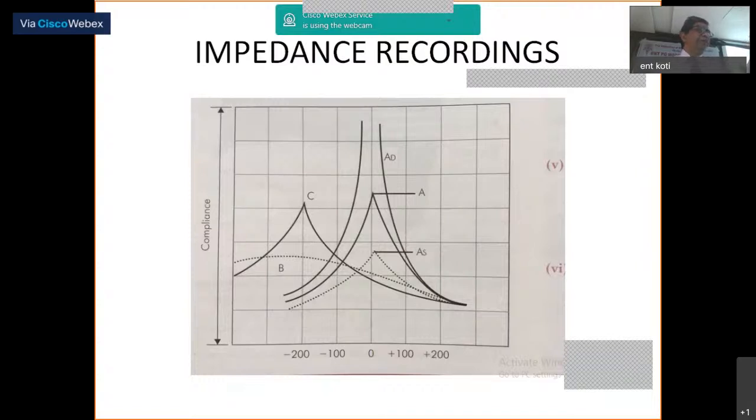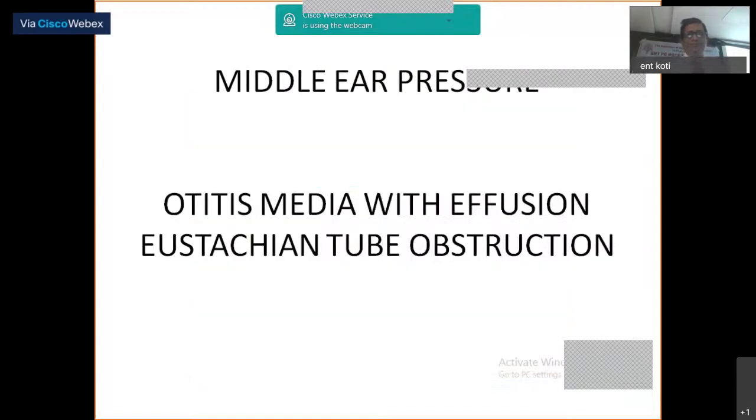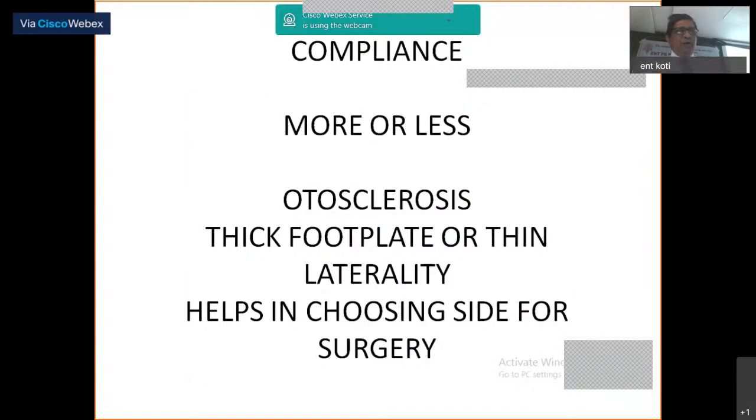If you want to pick up a case of otosclerosis where you are beginning to learn, if you want a thick footplate, then go for, any idea? Otosclerosis, thick footplate or thin footplate, laterality: if the compliance is more, that means it is thin.